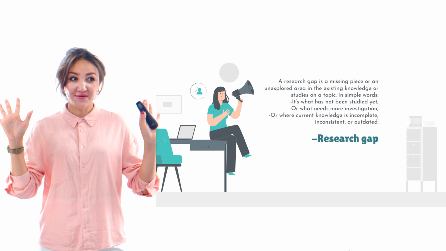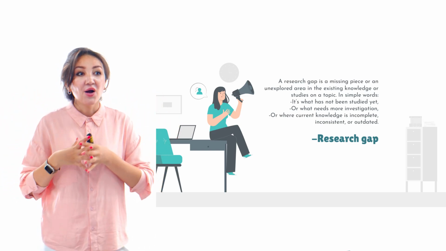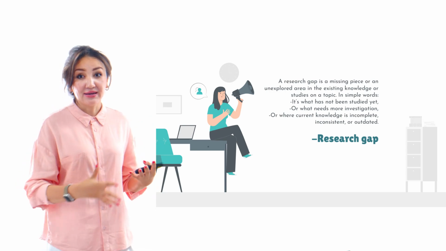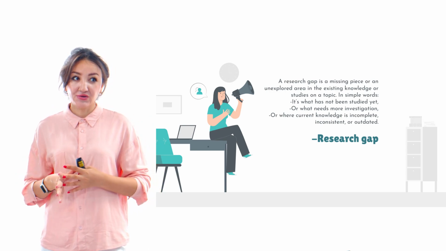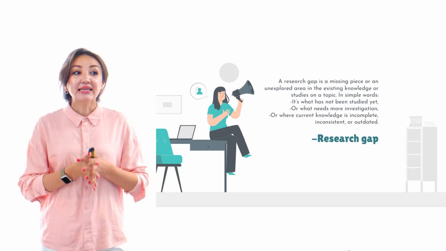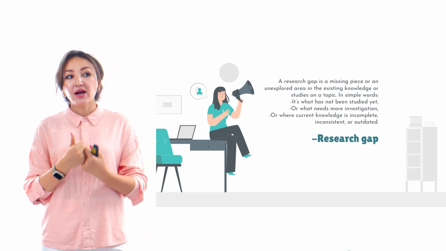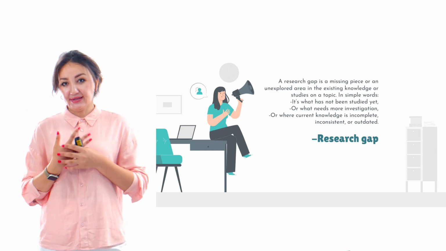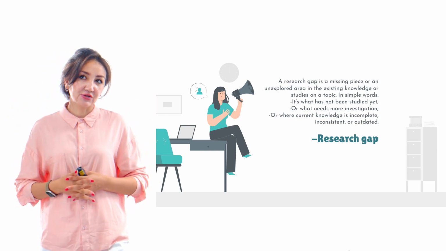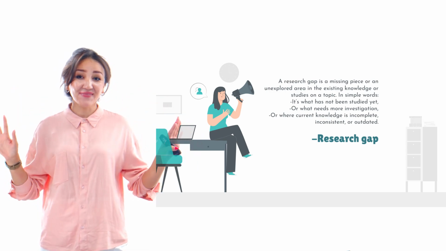What is a research gap? A research gap is a missing piece or unexplored area in the existing knowledge or studies on a topic. In simple words, it is what has not been studied yet, or what needs to be investigated more, because in social science and economics, almost everything has been studied.